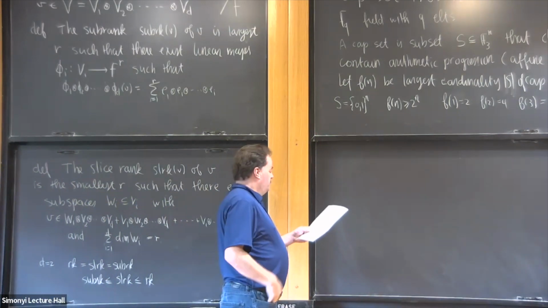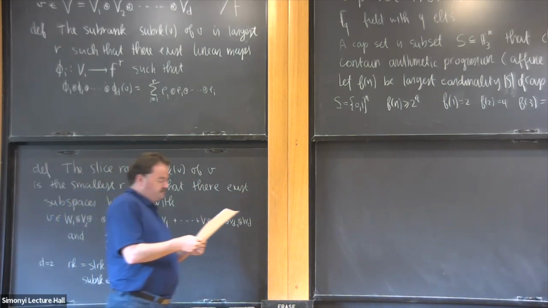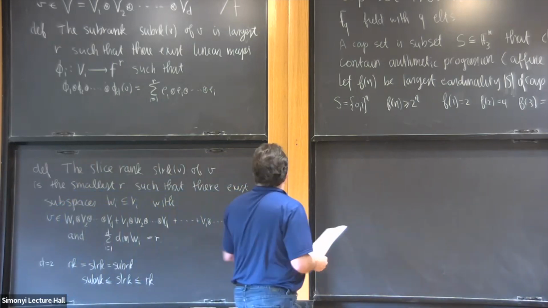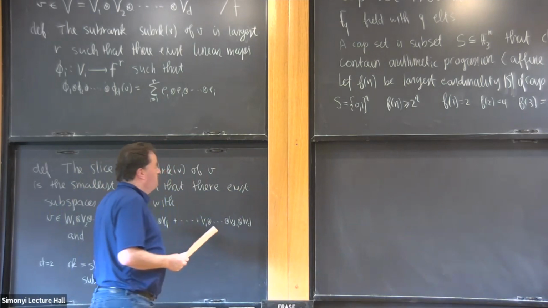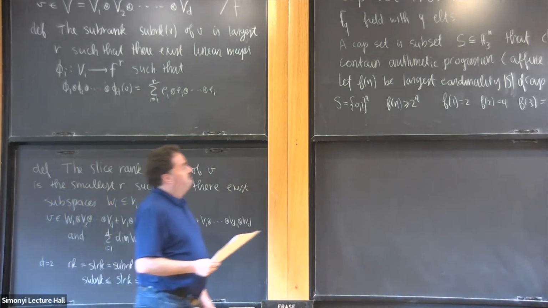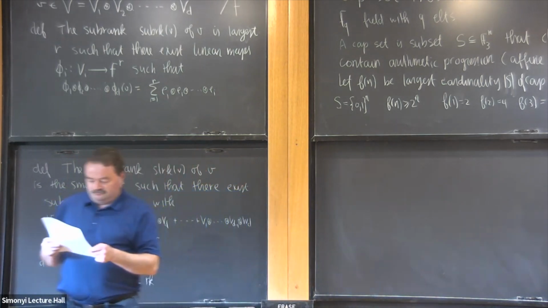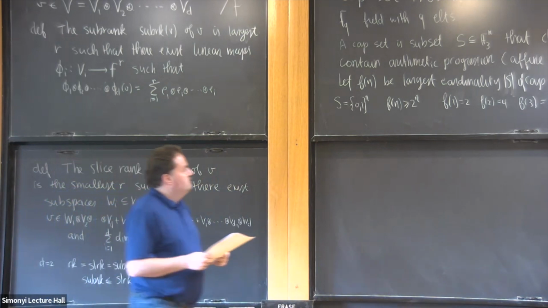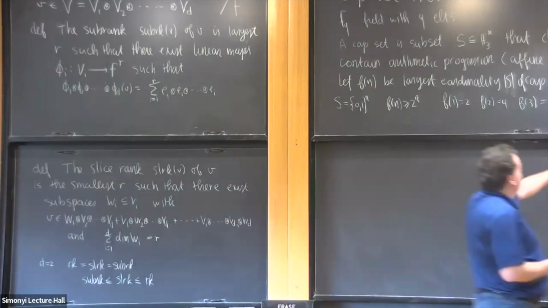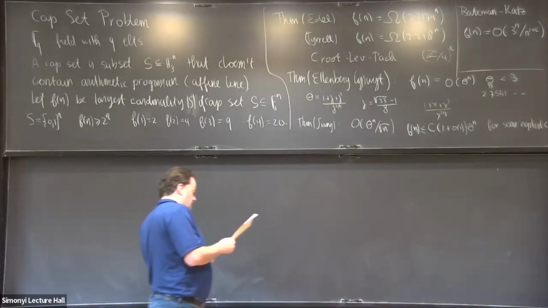And there's also one that he wrote together with Will Sawin. And there he introduced this notion of slice rank and used that to give an elegant exposition of the result of Ellenberg and Gijswijt. I should mention these are pretty recent. The preprints are around 2016.